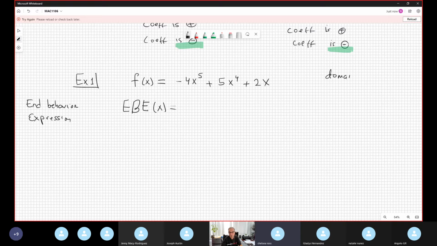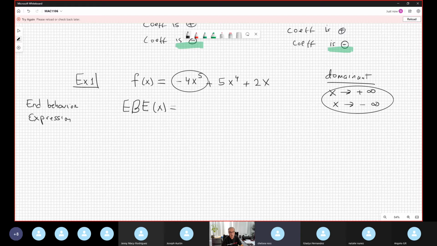What is the dominant term? Remember the end behavior is when the x approaches positive infinity or negative infinity. So the interpretation of infinity is a huge number, million, trillion. And when you plug in a huge number, the dominant term is the term that contains the higher exponent, this one.